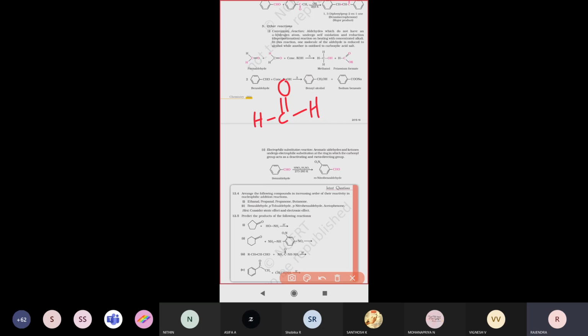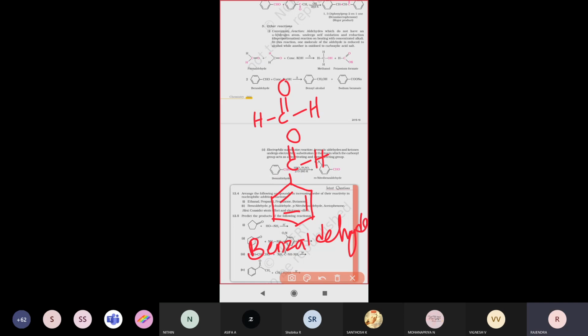The next one is benzaldehyde. Benzaldehyde is nothing but a benzene ring attached to a C double bond O-H aldehyde group. This is called benzaldehyde.